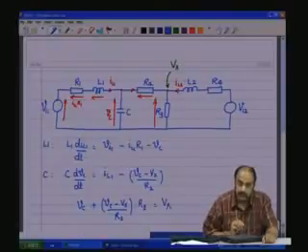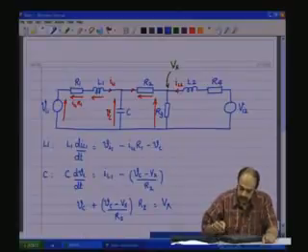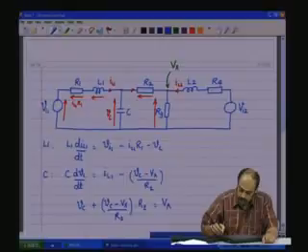Of course, this is a trivial equation which we can't do much about.